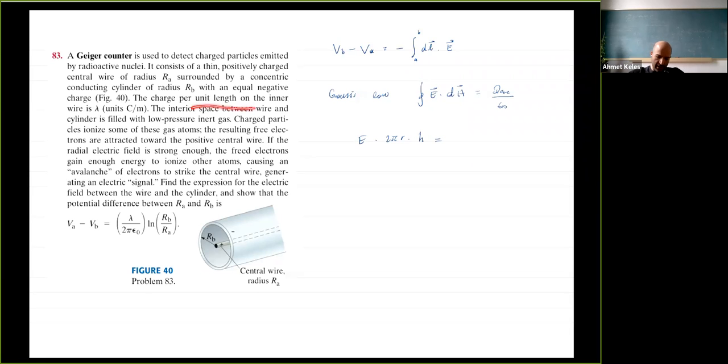The wire has a lambda, charge per unit length, so Q enclosed is lambda times H. And E, I think we already knew this formula: these cancel, and E is 1 over 2 pi epsilon naught times lambda over R. Any objections?